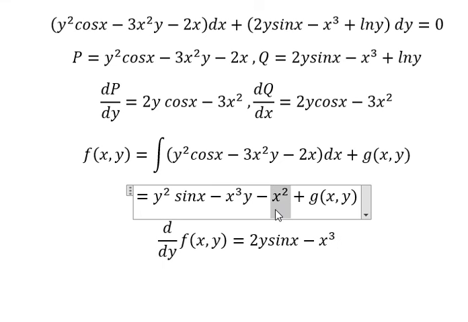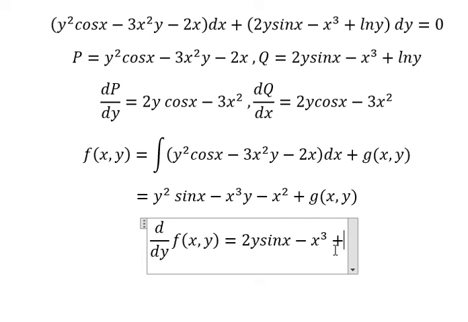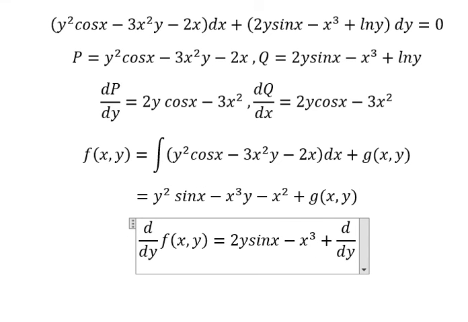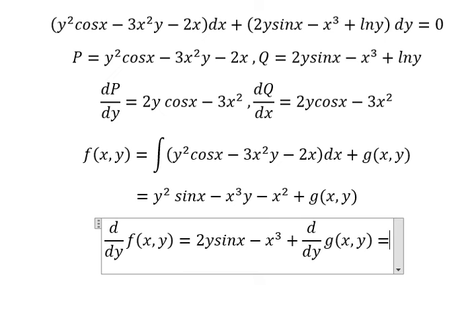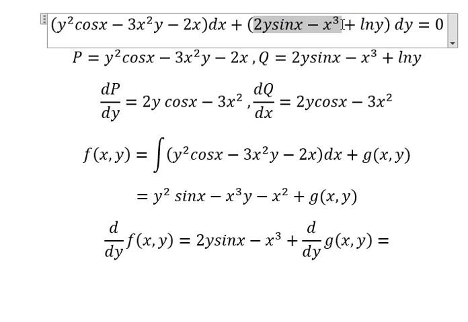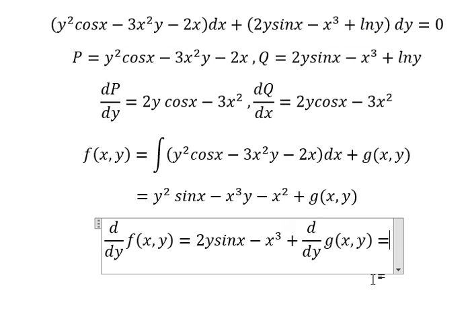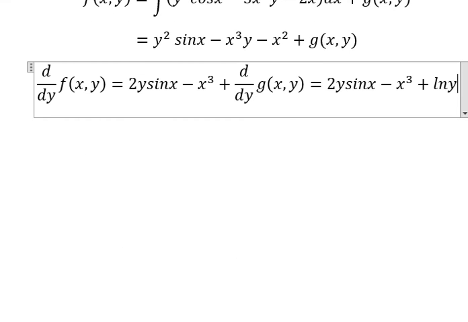This one, we don't have y, so you got about 0. And we have d over dy of 3xy. And we know that this one is equals to this one. And now we need to simplify for both sides.